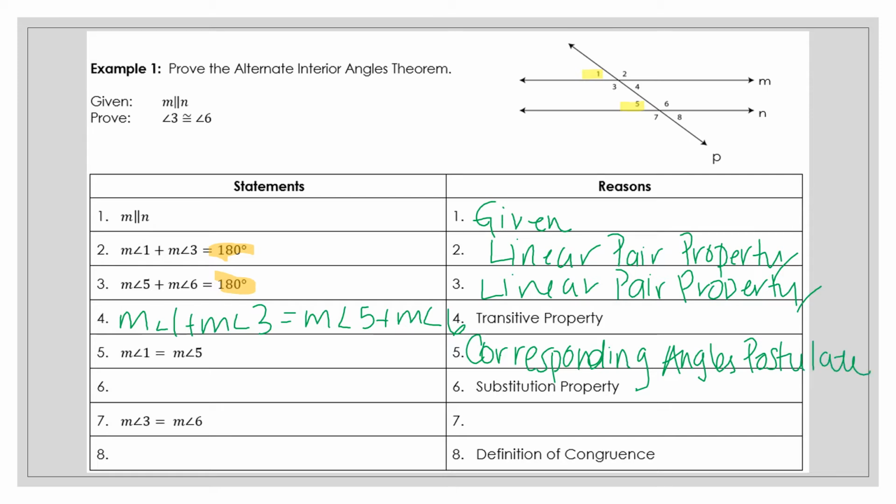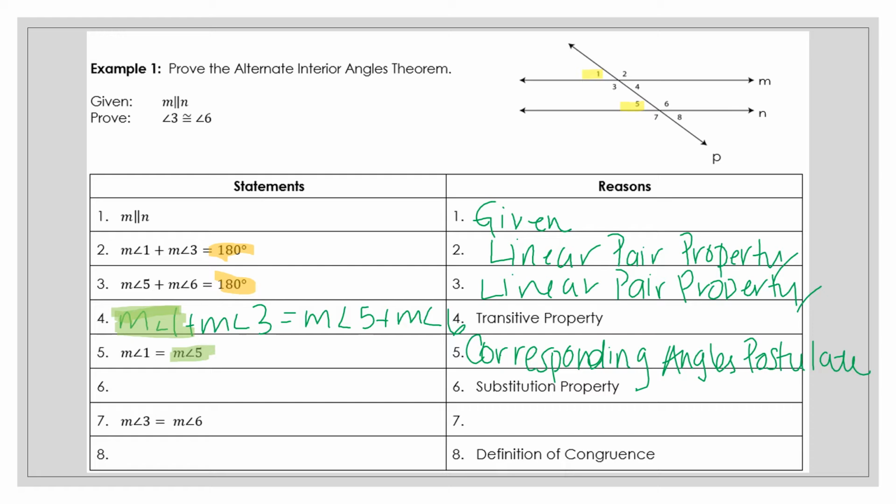Now if you look at the reason, it says substitution, and there's a reason I made statement 5. I'm going to take my statement 4 and my statement 5 and put them together. I'm going to take out the measure of angle 1 and replace it with the measure of angle 5, because I know those are equivalent.